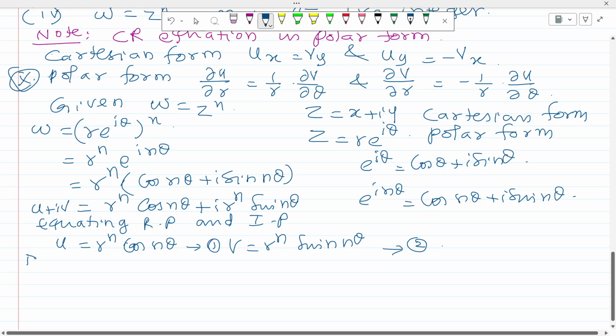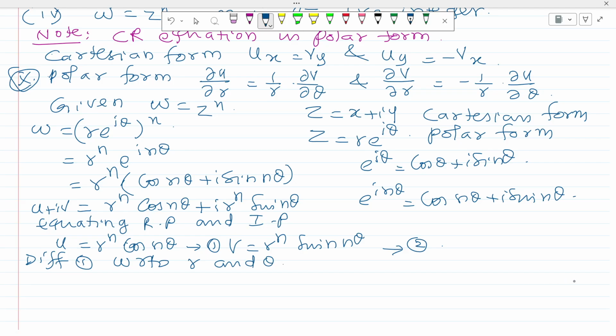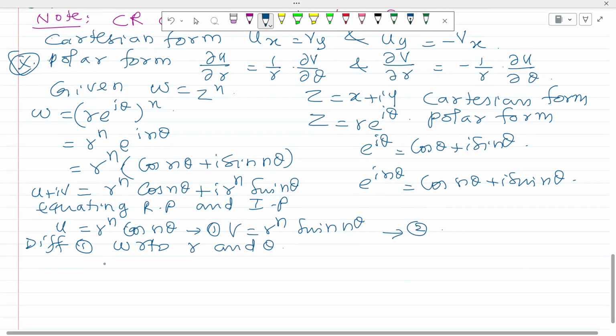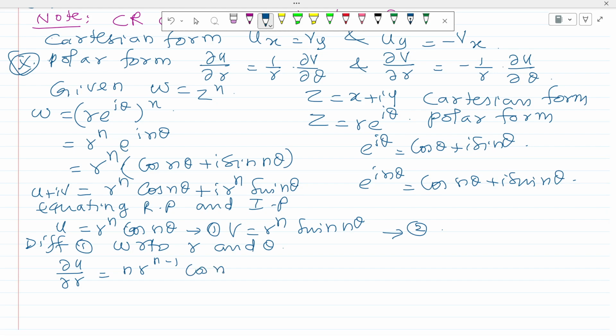Differentiating 1 with respect to r and theta, we will get dou u by dou r equal to n into r power n minus 1 cos n theta.